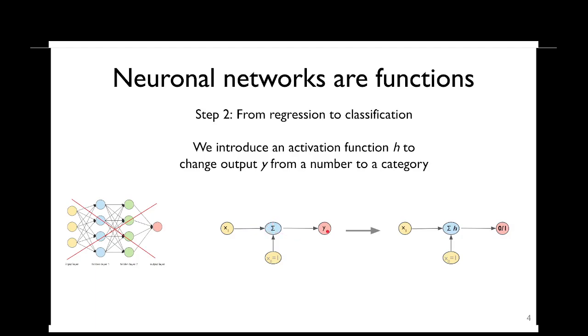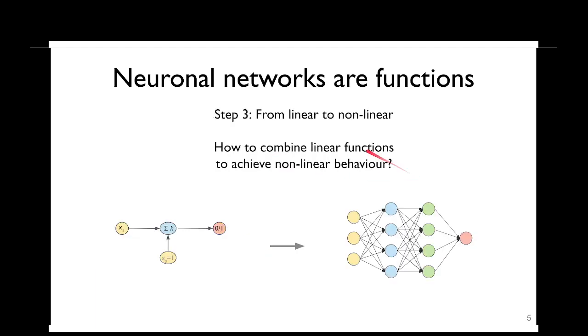So now what we do in the first step is that we introduce the activation function h over here. And that means we change our output y from a number to a category. And then in the second step, or in the third step overall, we move from linear behavior to nonlinear behavior, and that we achieve finally by taking this basic building block and creating complexity by wiring multiple of these basic building blocks together.